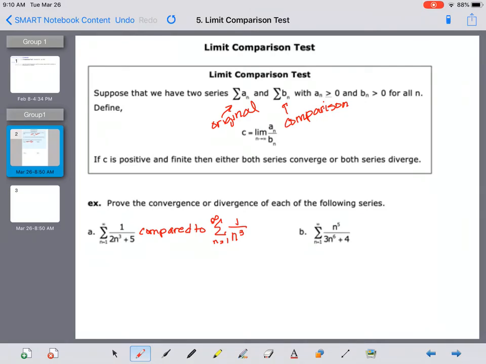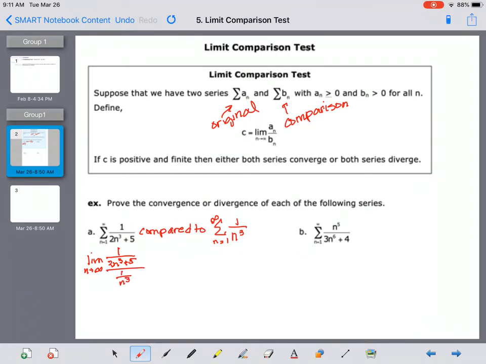So the next thing we want to do is take the limit of our original series and our comparison series. So as n approaches infinity, because these are infinite series, we'll look at our original series and divide it by our comparison series.